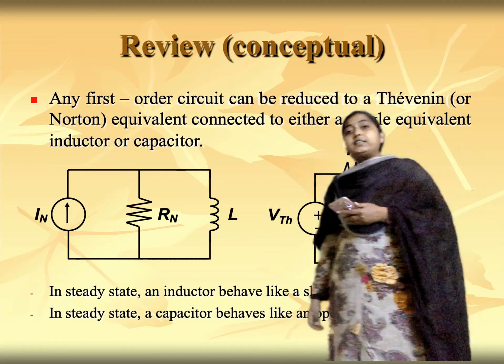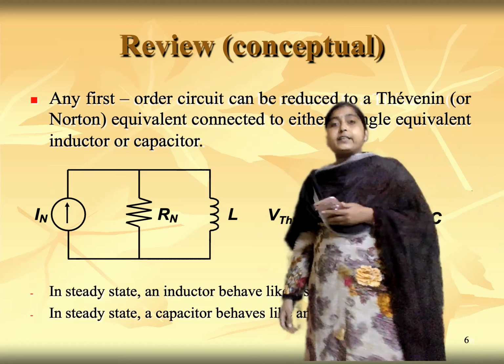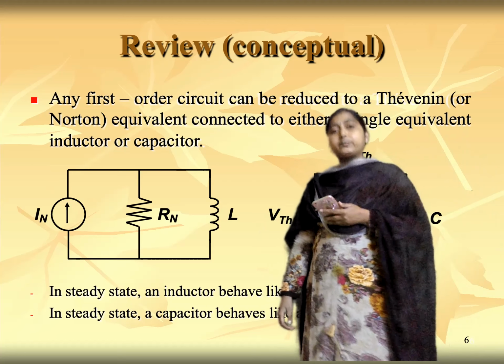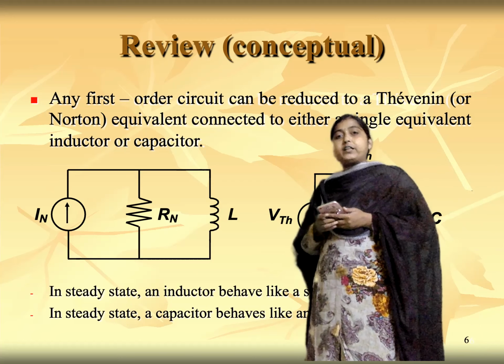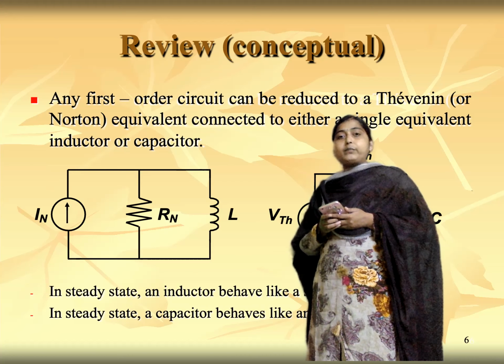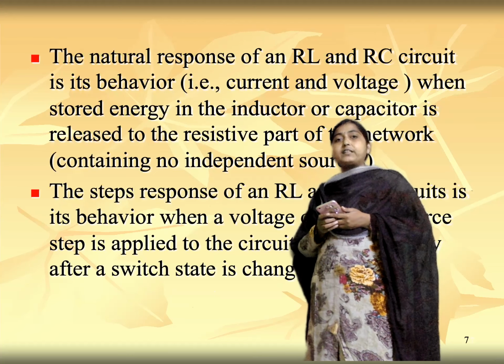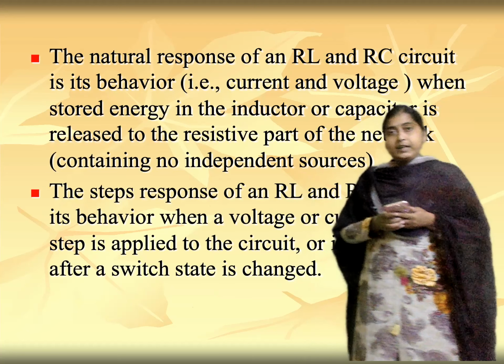So this is the reason why under steady state condition, the inductor behaves like a short circuit and a capacitor behaves like an open circuit. Please remember these two concepts. This is very, very important in order to understand the RL and RC circuits.